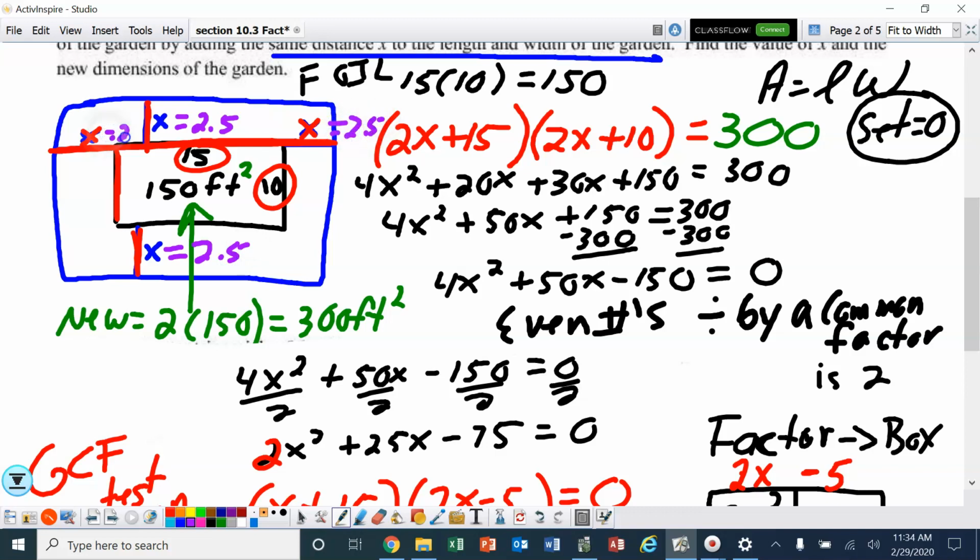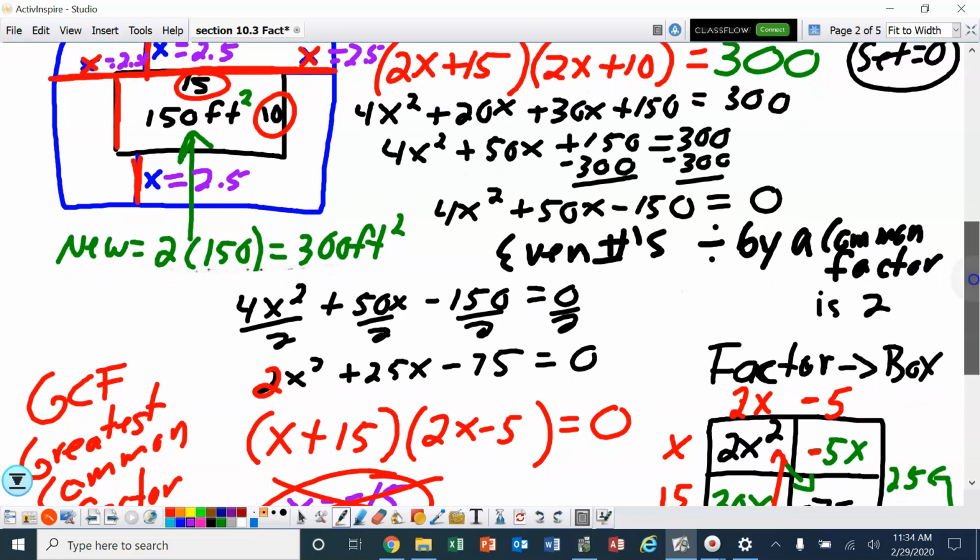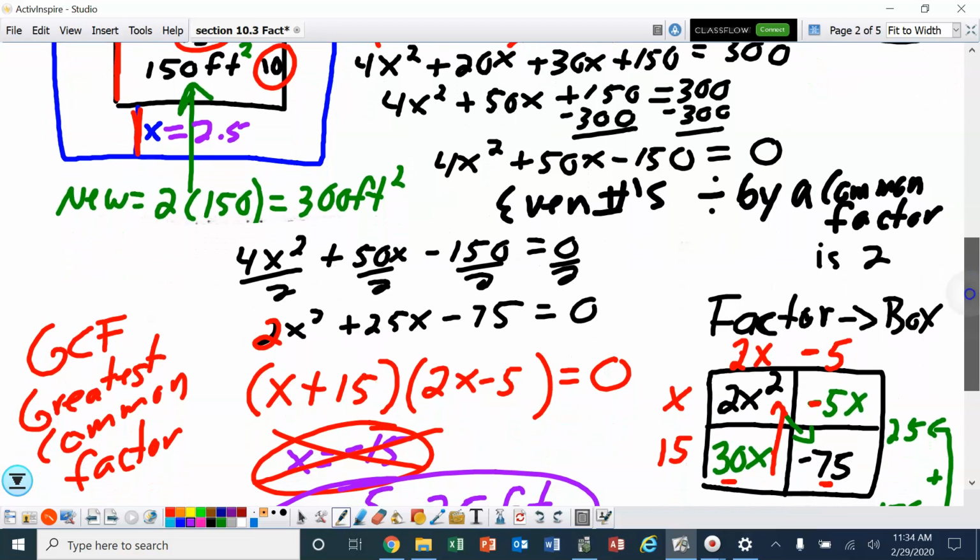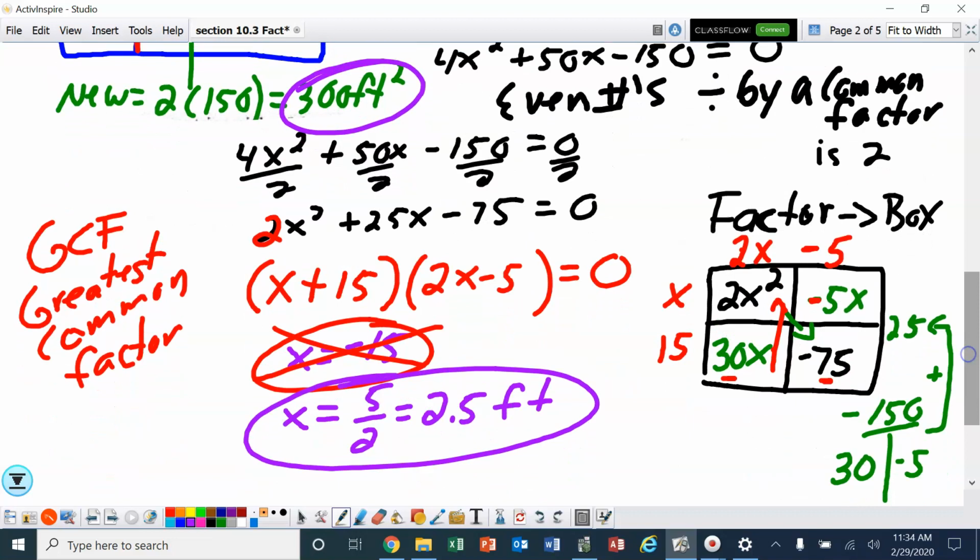And this is 2.5 feet. So they added 2.5 feet to the left side, 2.5 feet to the right side, 2.5 feet to the top, 2.5 feet to the bottom to double to 300 square feet. So this is what they needed to add to each side.